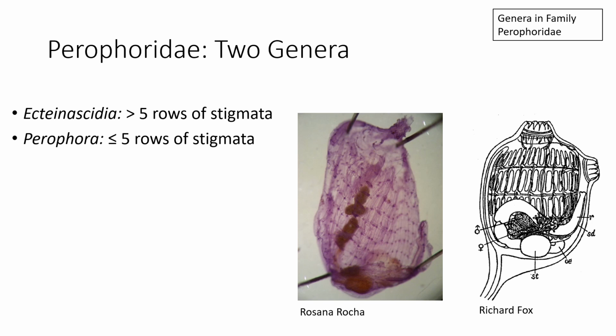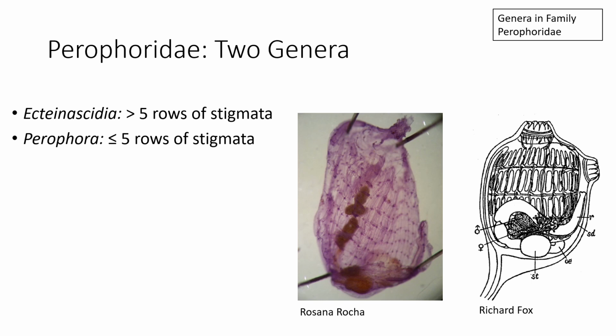On the left is a picture from Rosanna Rocha of an Actinidea, and the stigmatal rows are in the branchial sac. The branchial sac is the structure in the body of the organism that helps the animal feed and also to breathe. So what we're looking at with these stigmatal rows is how many rows in that mesh-like structure in that branchial sac.